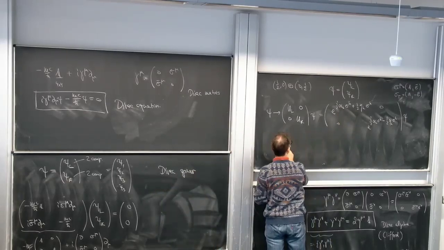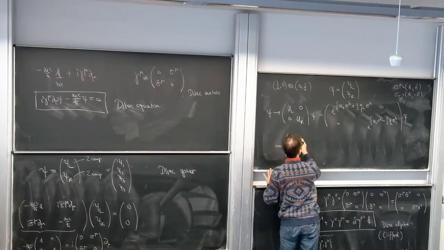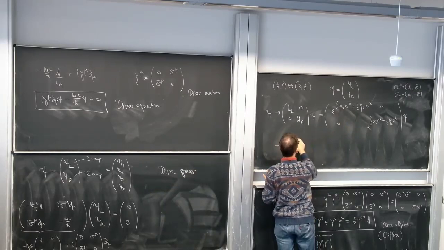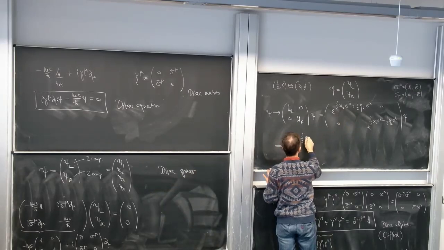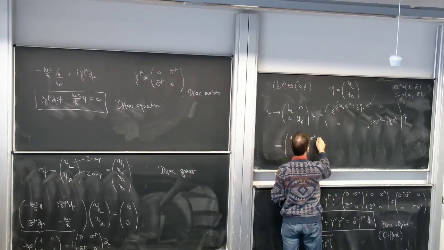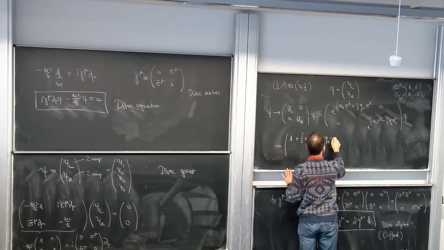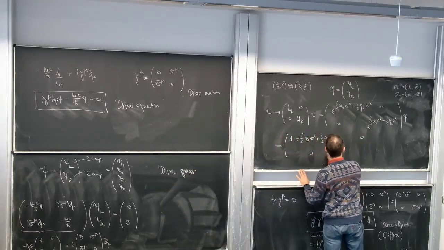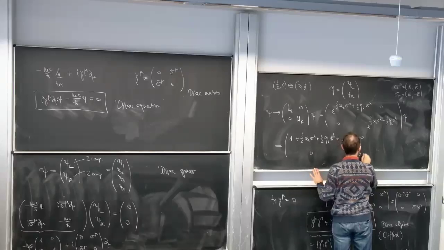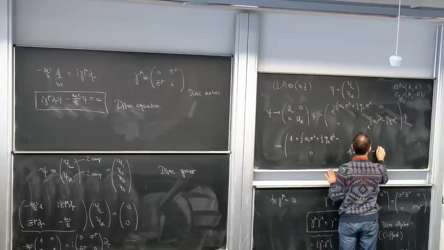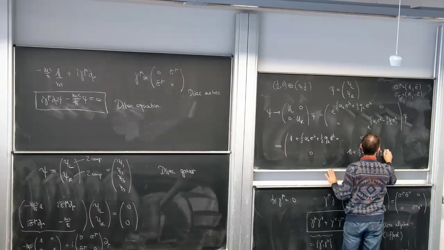So this is first the unit matrix, plus i half alpha k sigma k plus half beta k sigma k in the upper block, 0, 0, and 1 plus i half alpha k sigma k minus 1/2 beta k sigma k in the lower block.